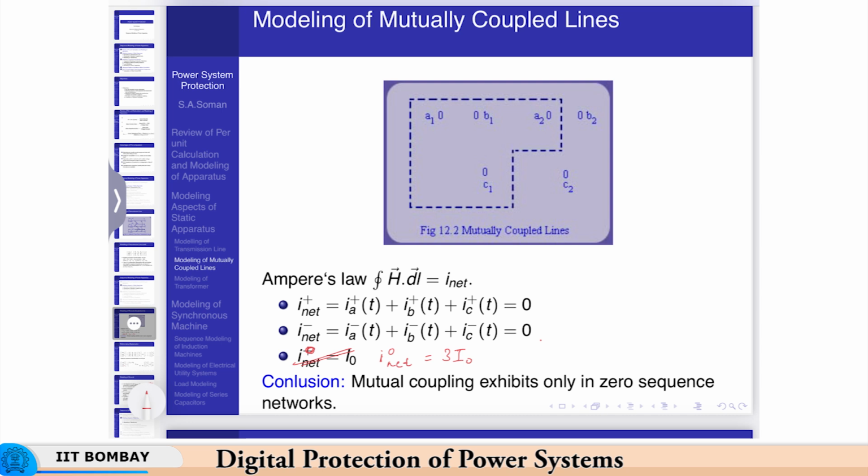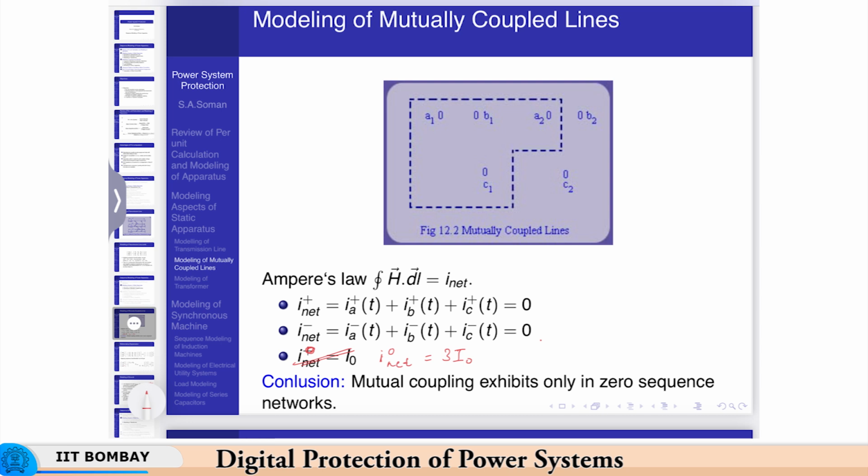So, we will start with the A2 or the phase A of circuit 2, and then we can extend it to the other conductors. Now, if you start with Ampere circuital law, then the circular integral H dl is equal to the net current enclosed in that path.